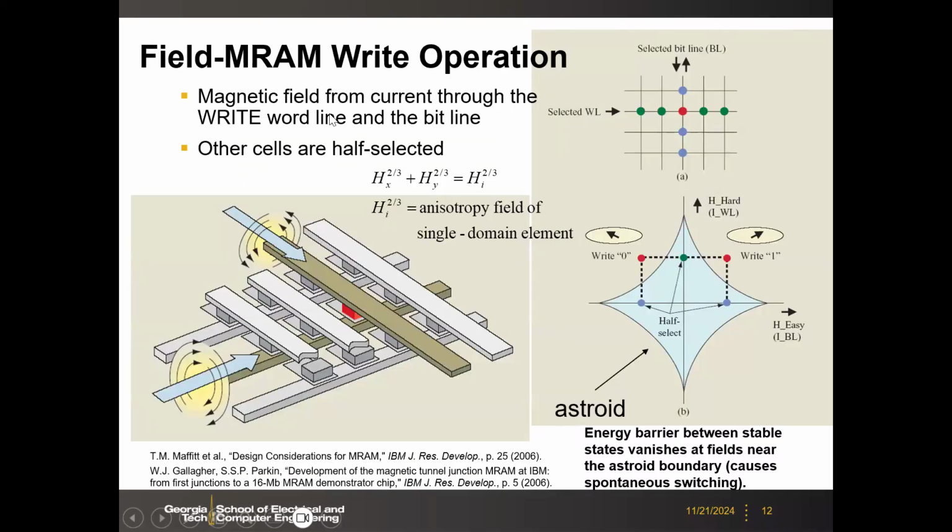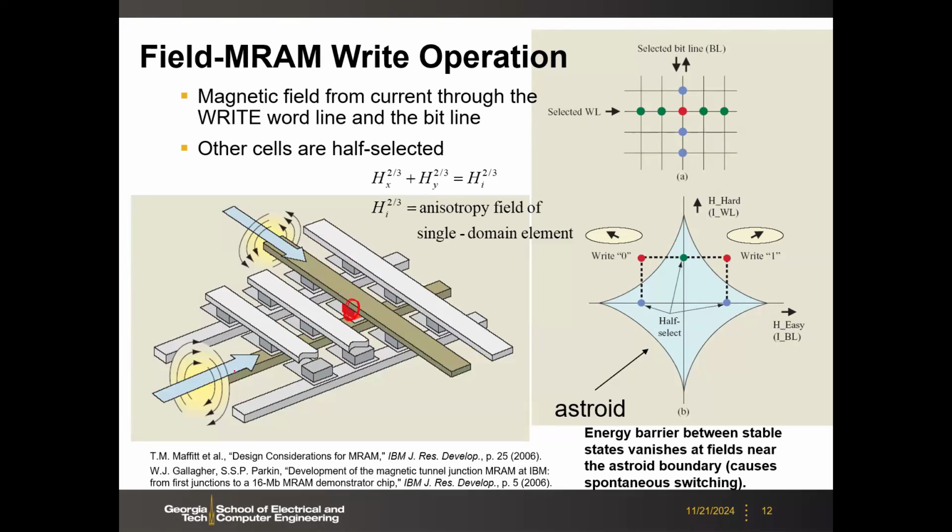So here, the field MRAM suffers from the half-select issue due to disturbance. Because you are going to apply the field, you need to select this cell. So your bit line and the write word line need to be turned on simultaneously to select this. It's like a cross-point array, right? You have to select this cell.